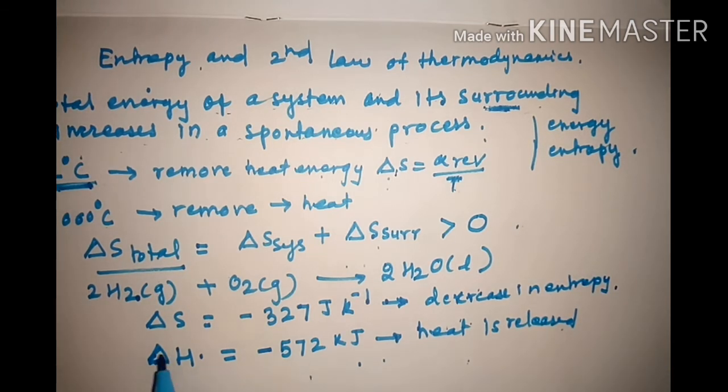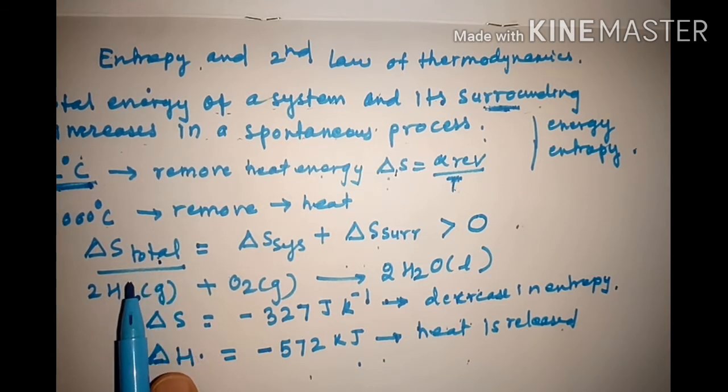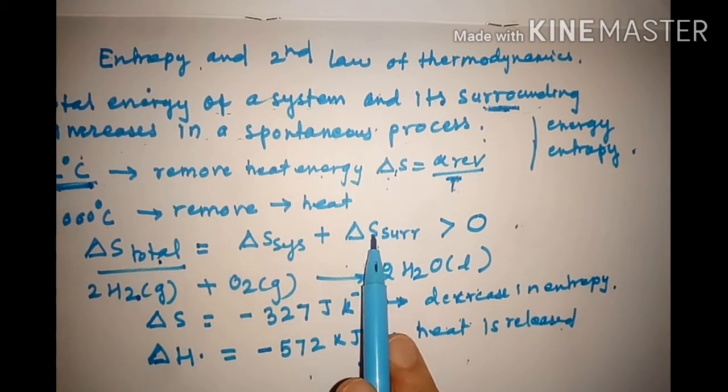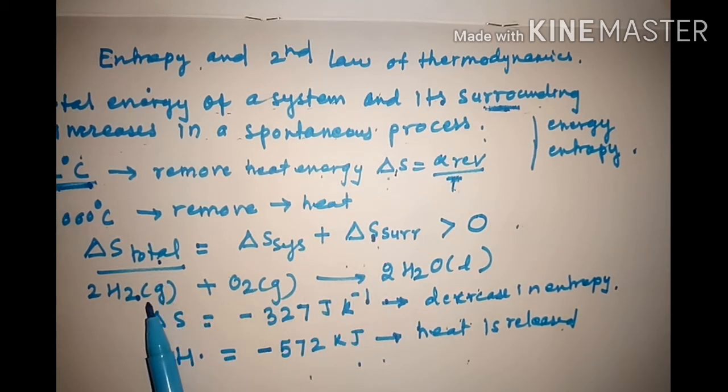To find the delta S total here, we need to know the entropy change of the surrounding. When 2 moles of H2 and 1 mole of O2 gas combine to form 2 moles of liquid water, 572 kilojoules of heat is released, which is received by the surrounding at constant pressure and temperature.